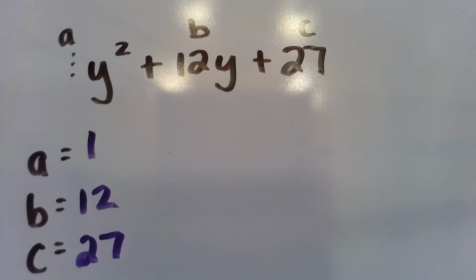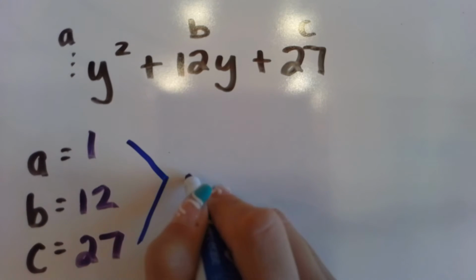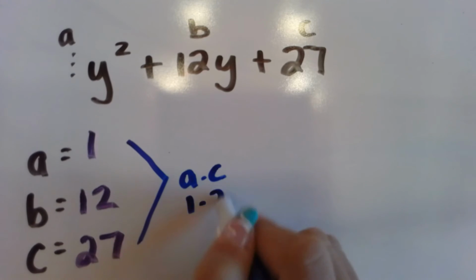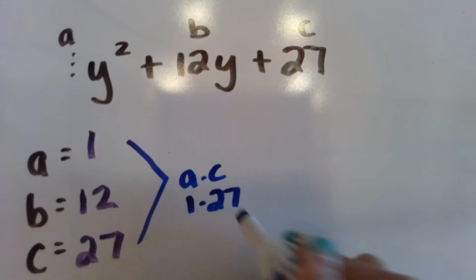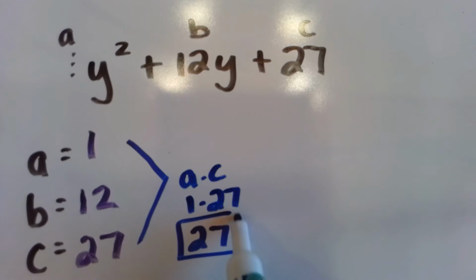Next step, we are going to figure out what A times C is. A is 1, C is 27, and 1 times 27 is 27. This is really important because we're about to do our puzzle method.